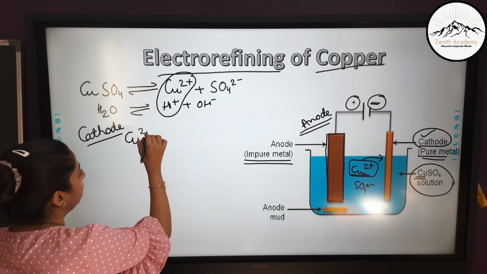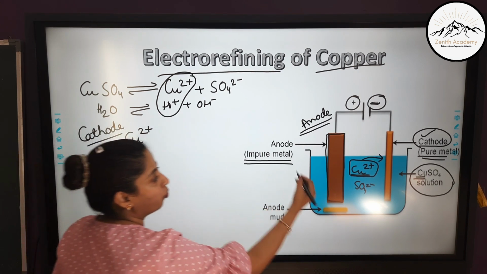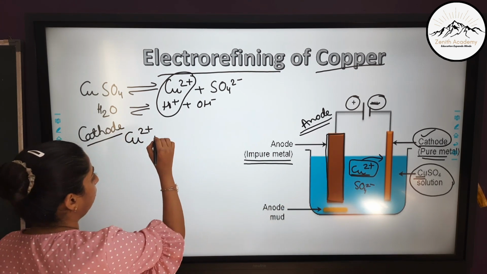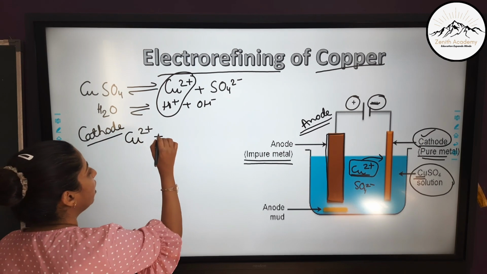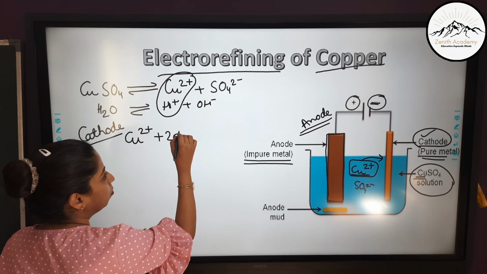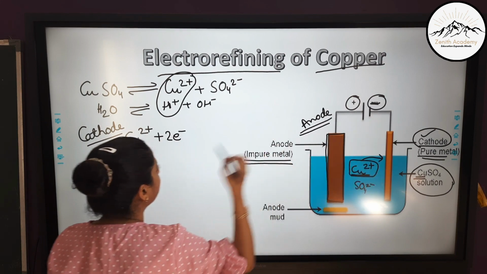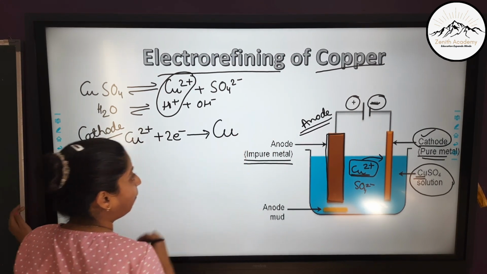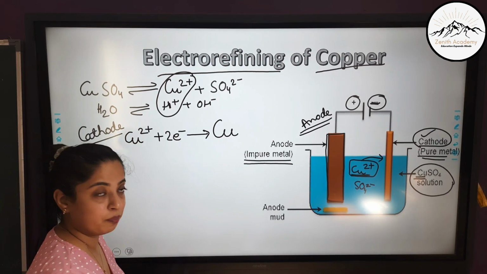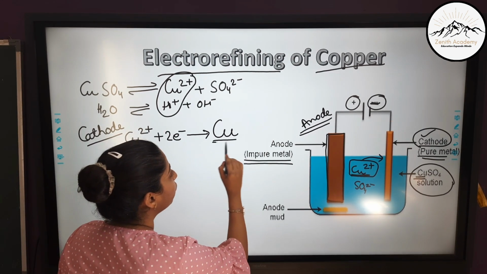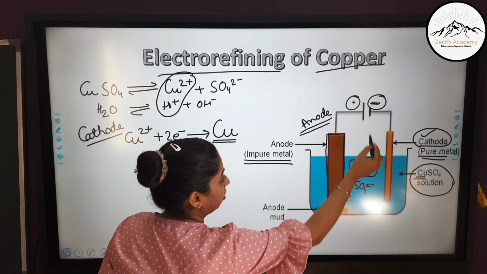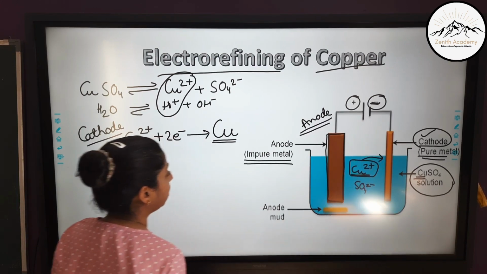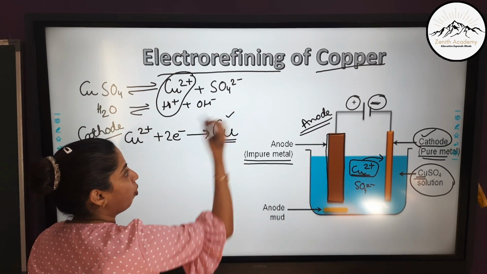So copper 2 plus ions from the solution will come towards the cathode. It will gain 2 electrons from here and form a copper metal atom. This is the neutral atom which gets deposited. It keeps on getting deposited here, so it is in the purest form.